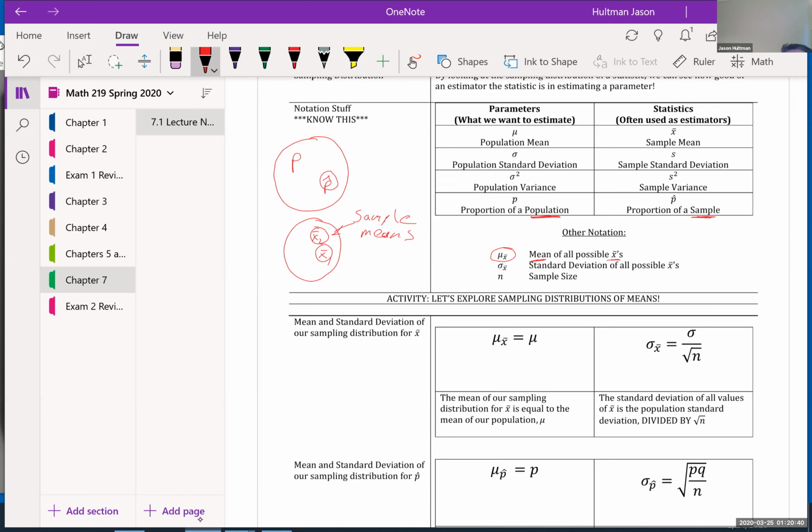The standard deviation of X bar is the standard deviation of all the possible sample means. And N is the sample size.